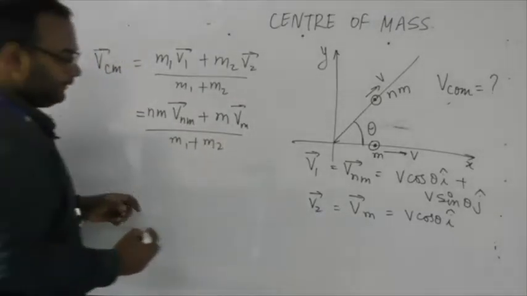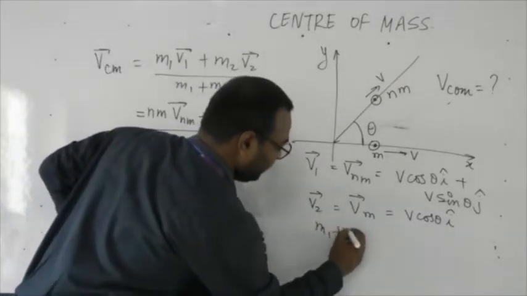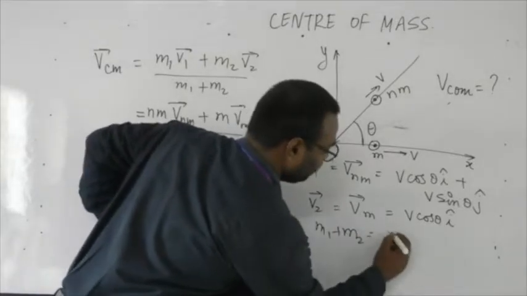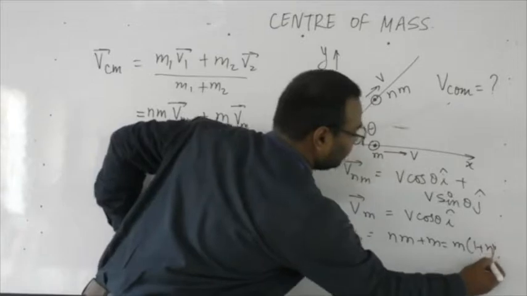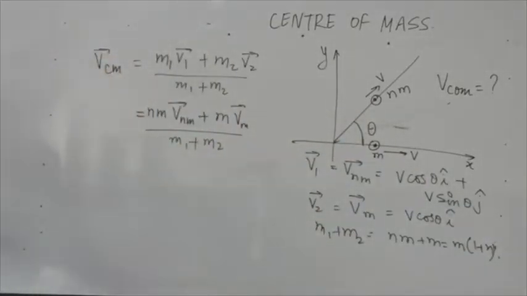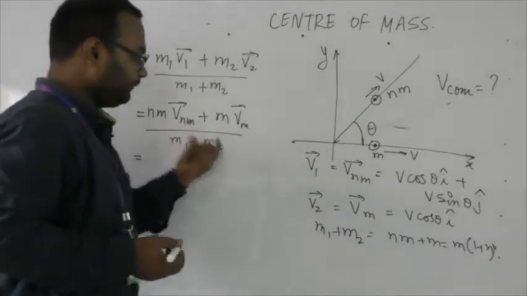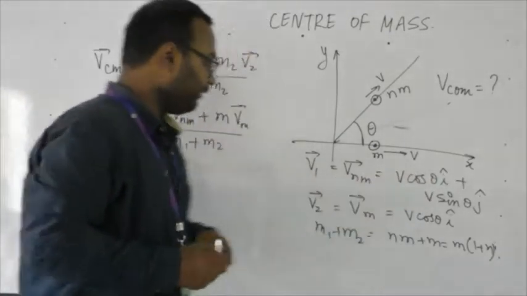And m1 plus m2 you can write as nm plus m, which is m(1 plus n).